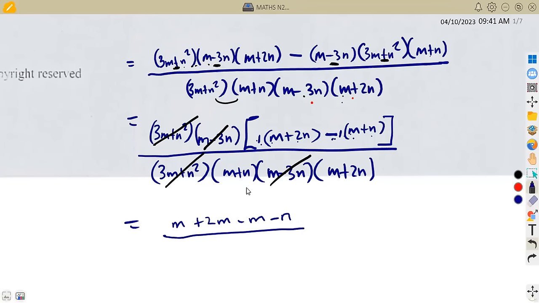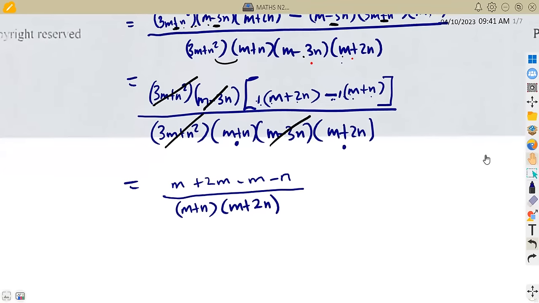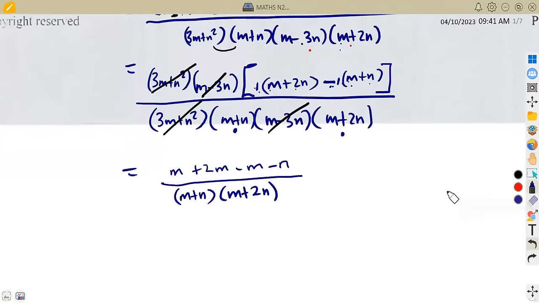Everything over our LCM, which is now we are left with m plus n and m plus 2n. This is what we are left with now, m plus n into m plus 2n. So this was the very, very tricky part that we had. And if you could have conquered this, then you can see that I'm left with nothing at all. It's just a matter of simplification in this case.